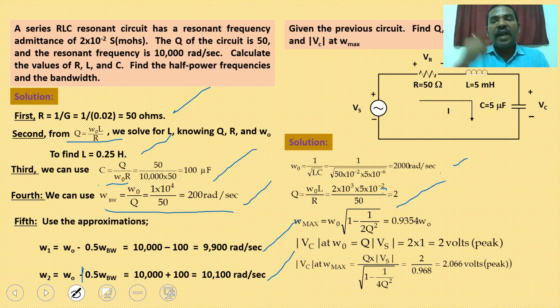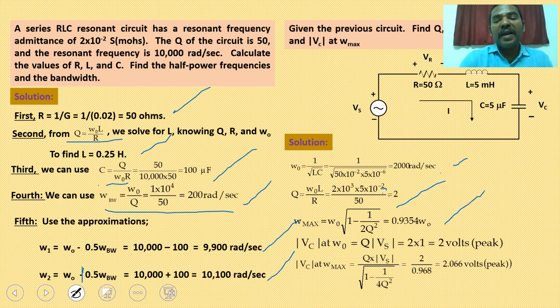There you calculated the Q value with respect to omega by omega naught and omega naught by omega, substituted into one equation, and from that relation you get the maximum value of omega. Substituting omega naught equal to 2000 and Q equal to 2, we get 0.9354 into 2000.